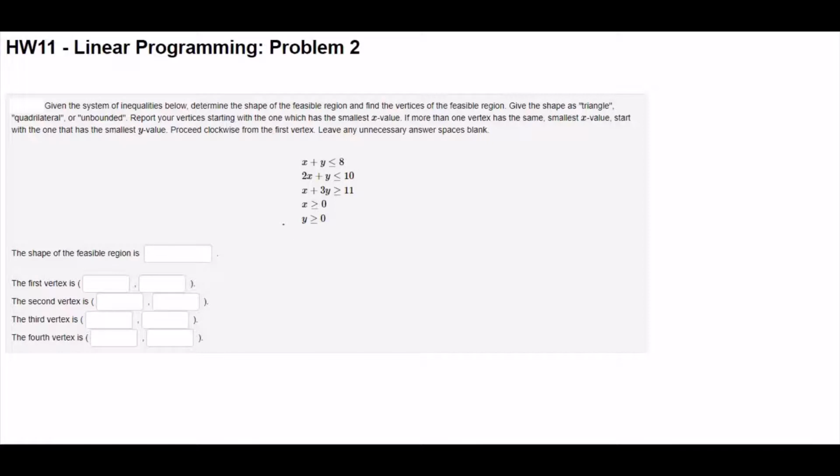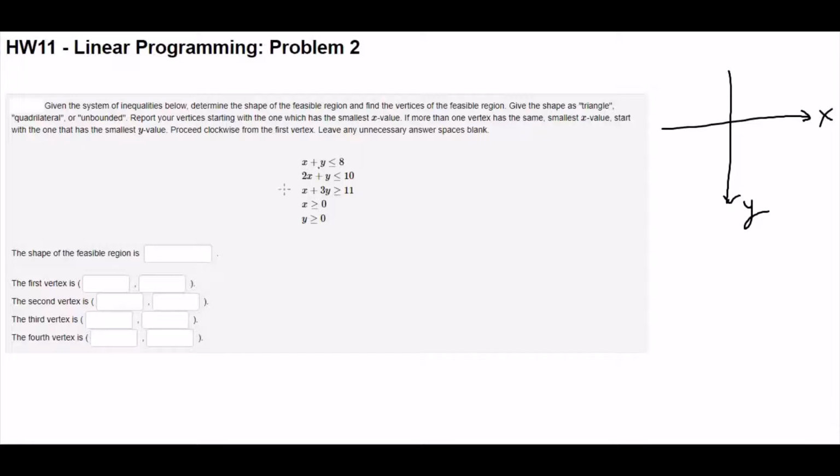We can manually do it and graph it on the xy plane, or we can use the graphing utility and make it faster. And if you have more complicated constraints, you can even make an augmented matrix and use Gauss elimination and solve for the variables and find the vertices. Now we're going to use the graphing utility.